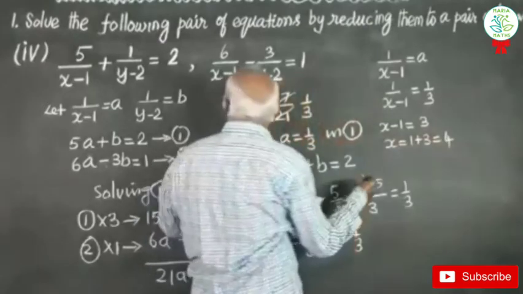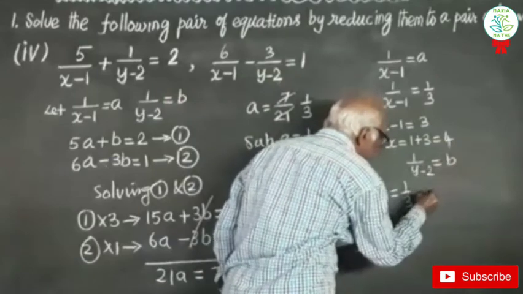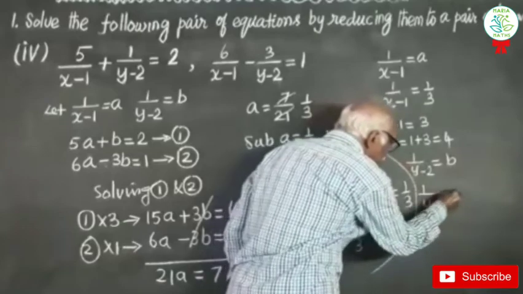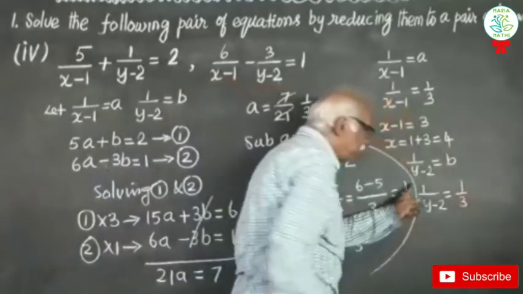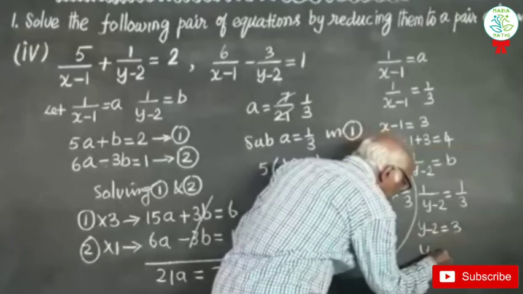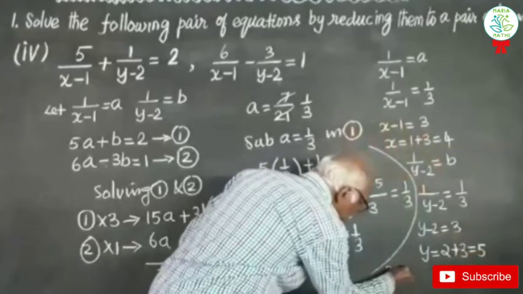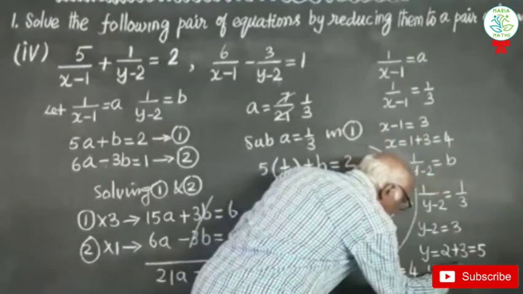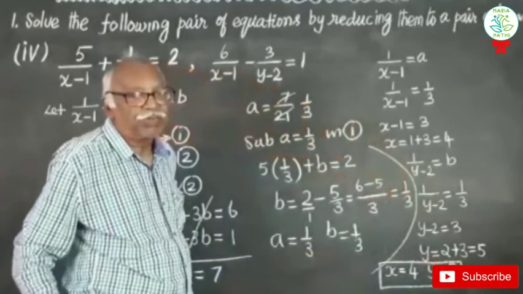Likewise, 1 by y minus 2 is equal to b. 1 by y minus 2 equal to 1 by 3. Cross multiply. y minus 2 equal to 3. y is equal to 2 plus 3. So x is equal to 4, y is equal to 5. That's the answer.